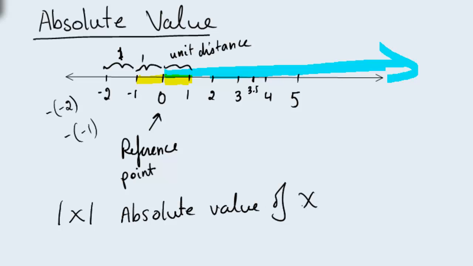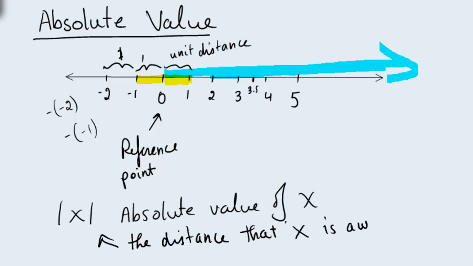In this case, it's x, which just stands for some number on the number line. So anytime I'm going to use this notation in the future, it is going to mean that I'm talking about the distance that x is away from 0 on the number line.